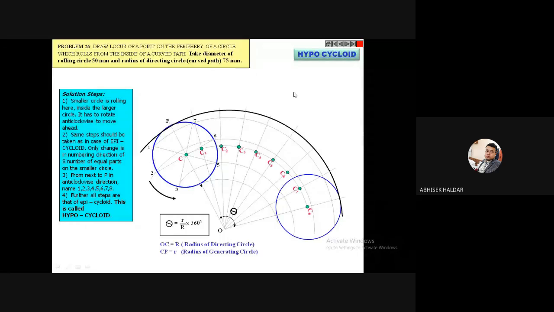If you are getting those types of dimensions in the problem, you cannot approximate that. Take the diameter separately, bisect it, you know how to bisect any straight line. Then take your compass, take half of that diameter length, then locate the center of this rolling circle. Is that clear?